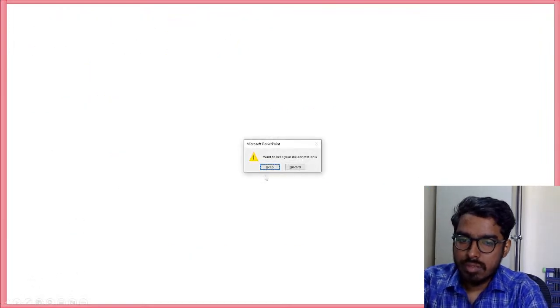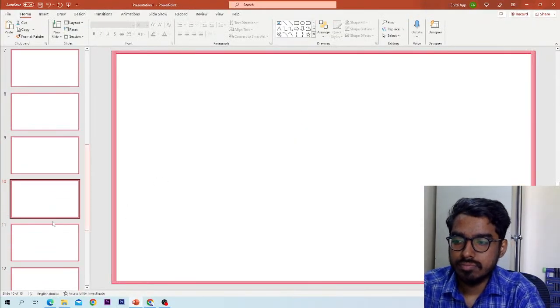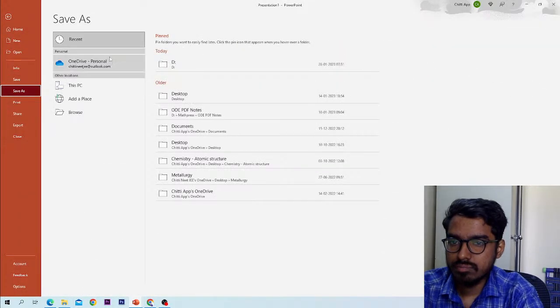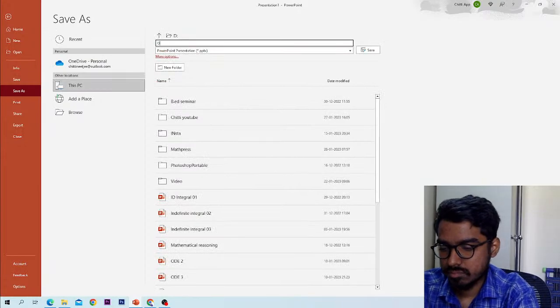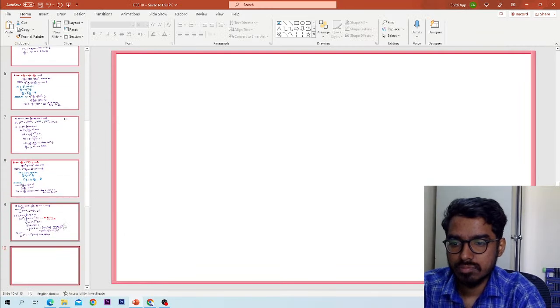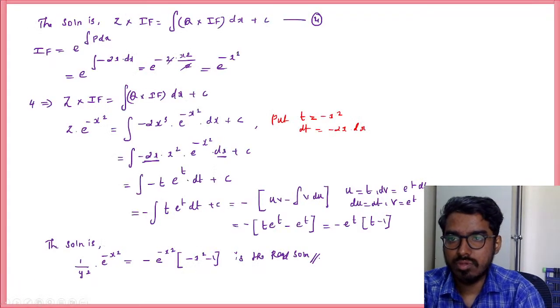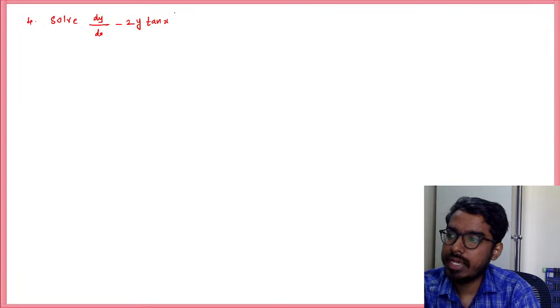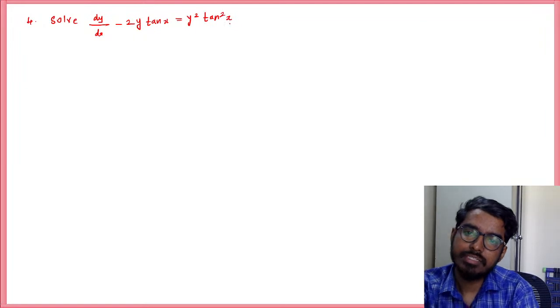The fourth problem. Okay, so we want the fourth problem. So solve dy by dx minus 2y tan x is equal to y square tan square x, right?